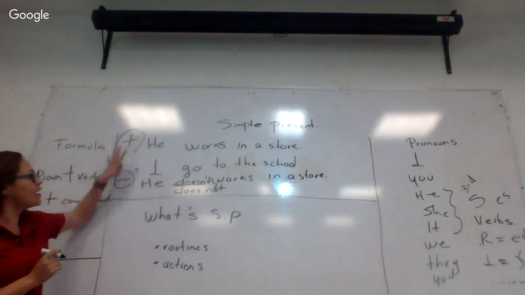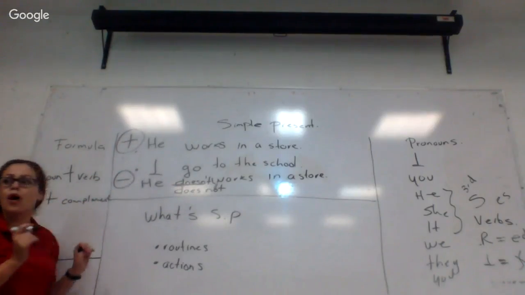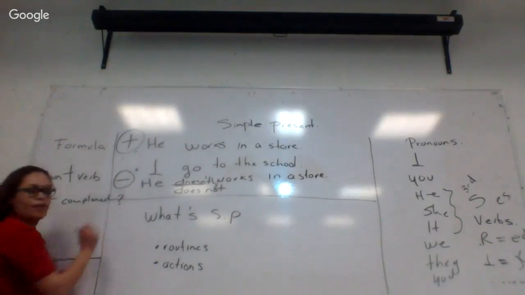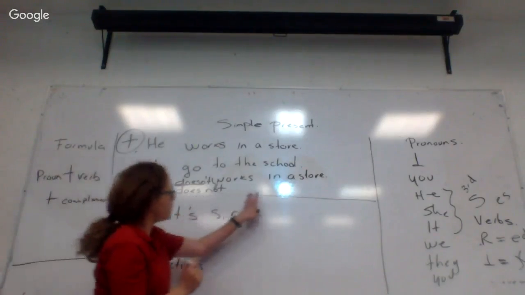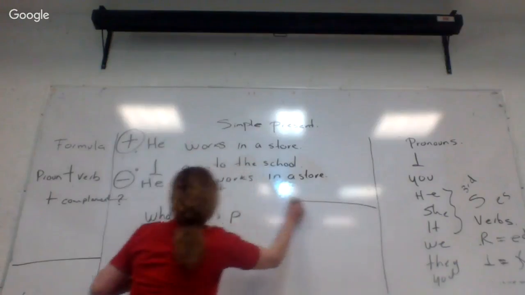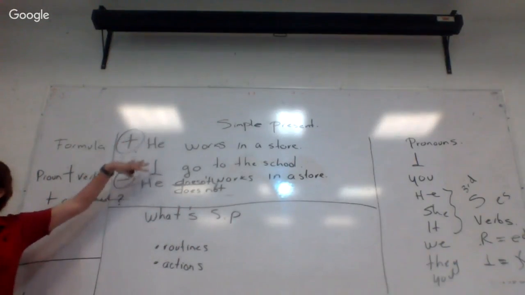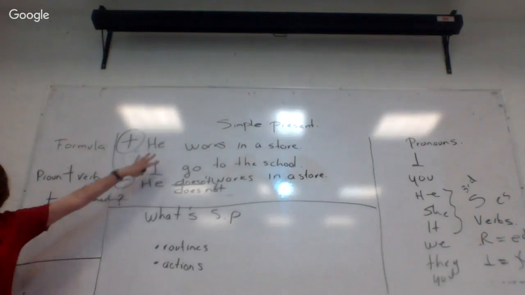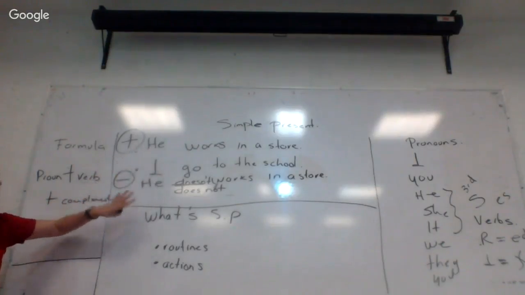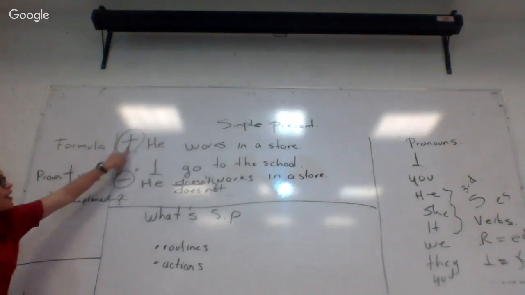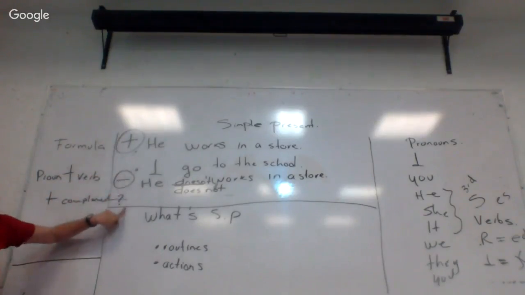Okay, positive, negative, but it's missing one, interrogative, okay? I'm going to erase it right here because we don't have enough space. Okay, so we are going to do the same ones. Any question? No? Okay, the next one we have to do, we have positive, negative, interrogative.